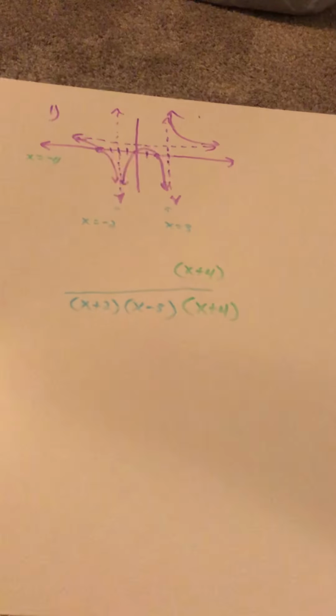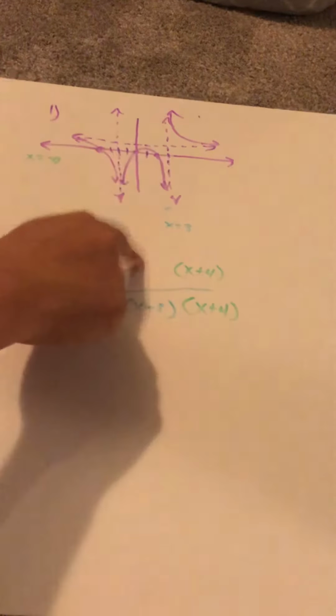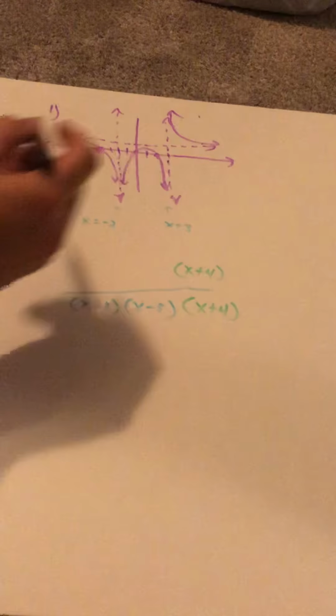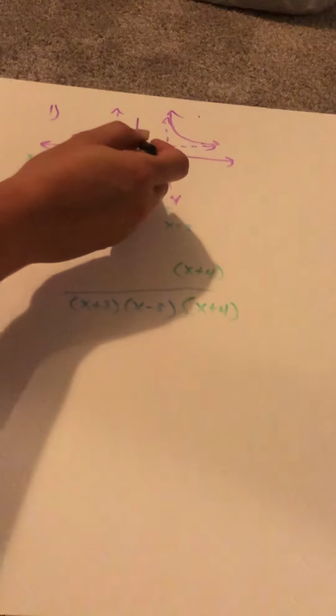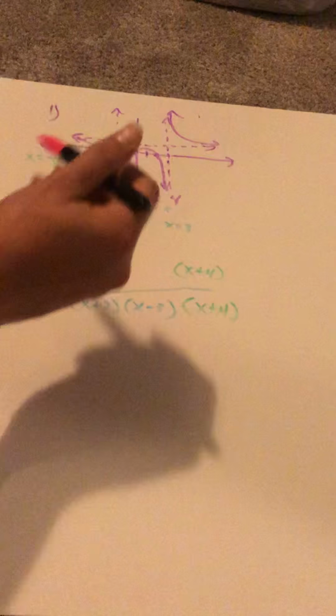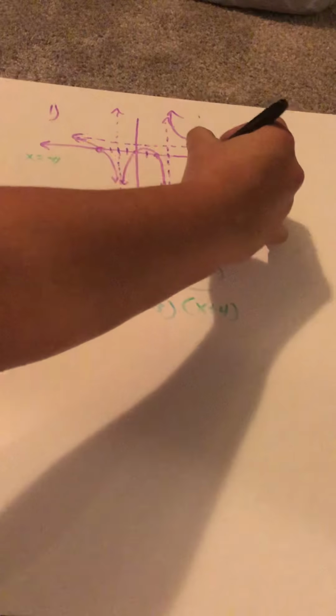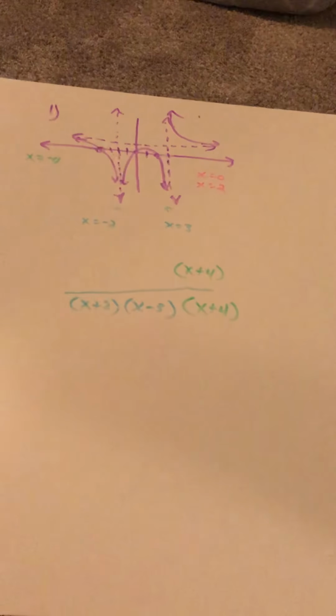Your other x-intercepts are going to go into the numerator here. When you're looking at your x-intercepts, I have one at 0 and I have one at 2. So x equals 0 and x equals 2 are two of my x-intercepts.